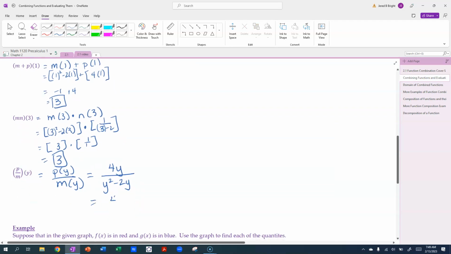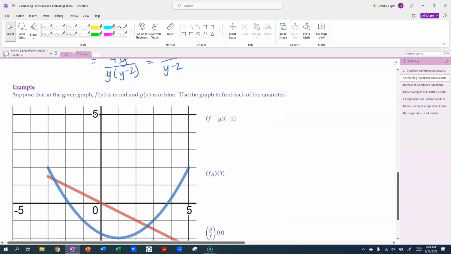Let's go ahead and reduce. So 4y, and then if I factor the denominator, that would be y times (y minus 2). Then I could reduce by a y, and I just get 4 over y minus 2. Okay, and there are some restrictions that go along with this, and a few other things that we'll be aware of in the next video. But for now we'll just leave it at that.